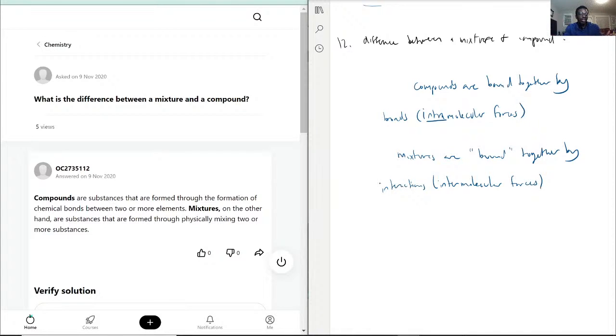But let's look at us as humans. I can see where my hand starts and ends. Hopefully that is because I'm a complex system of mixtures held together by interactions, intermolecular forces.